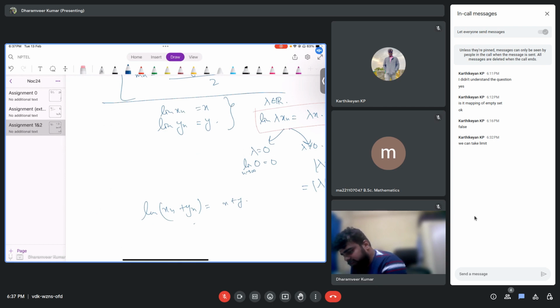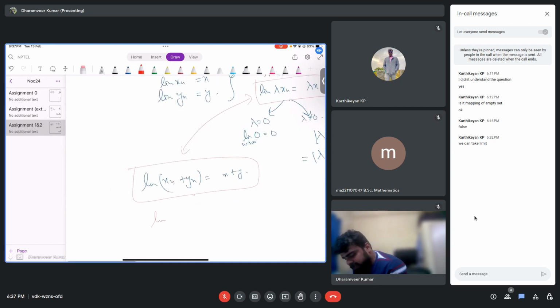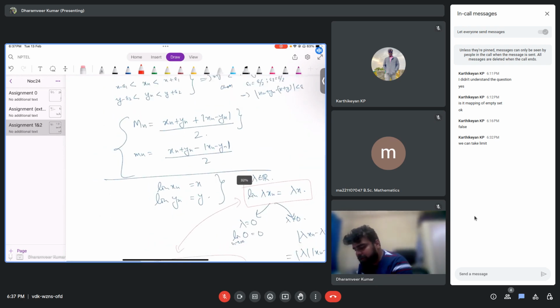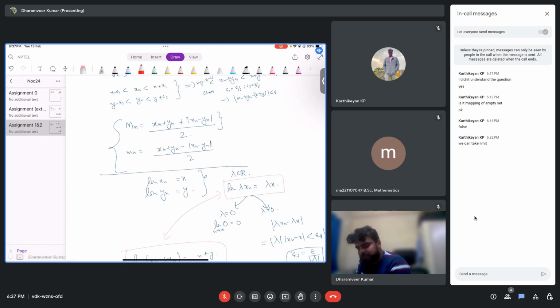With the help of these two, we can do anything like this: lambda xn plus beta yn is equal to lambda x plus beta y. It's linear.